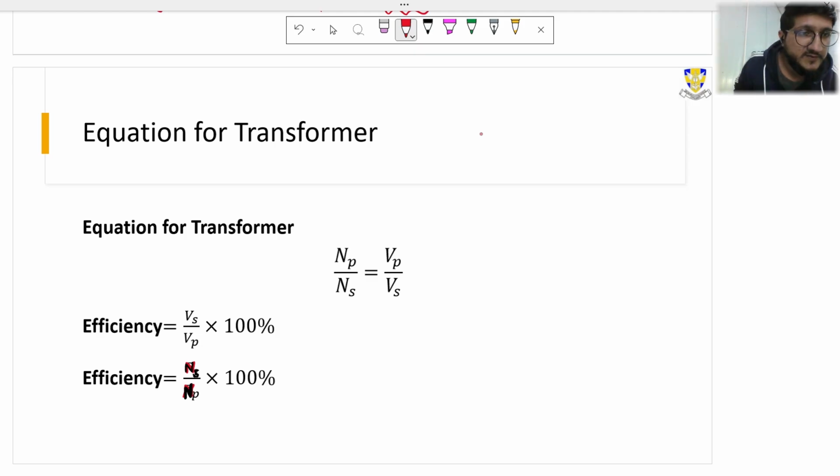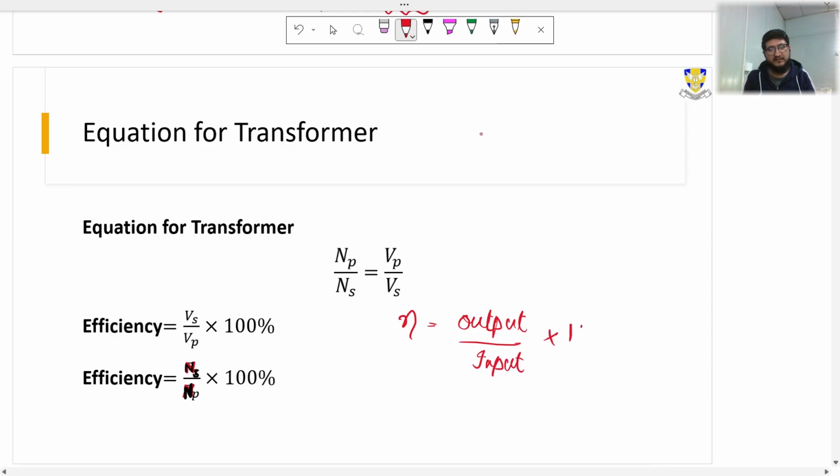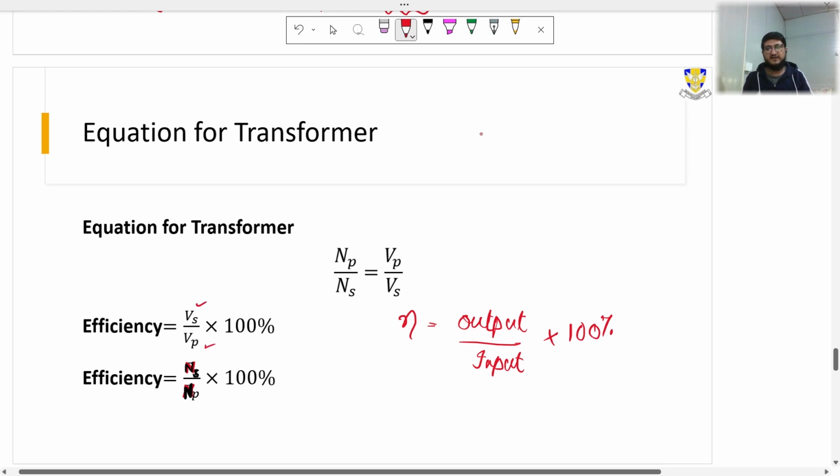Now when you talk about the efficiency, आप लोगों को याद रहना चाहिए that whenever we talk about the efficiency, it is always equal to output upon input times 100%. Okay. Now here the output is Vs and the input is Vp. Similarly, when you talk about the number of turns, Ns is the output and Np is the input.